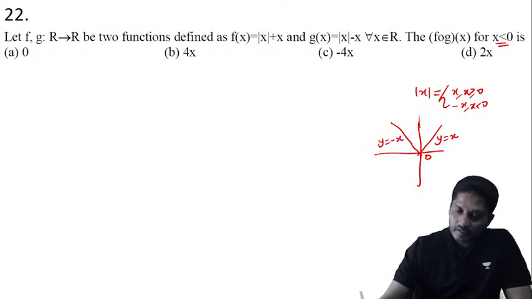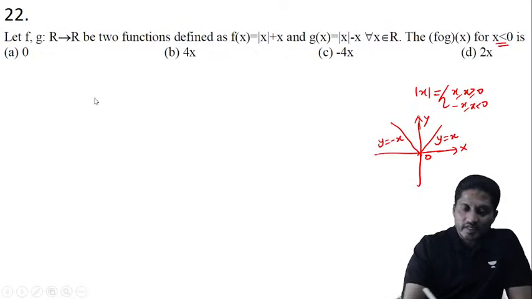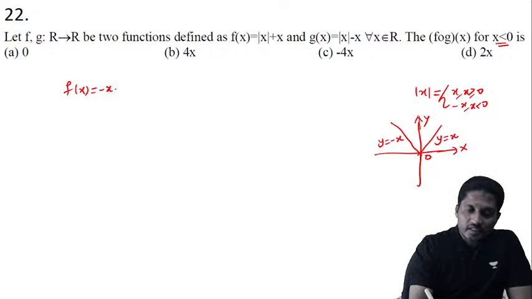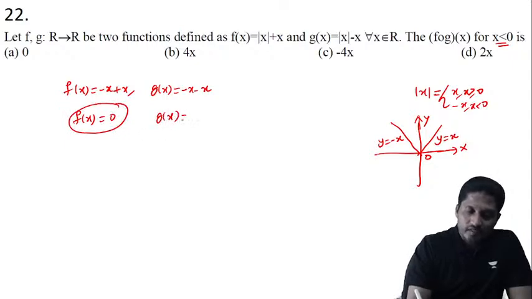Now if x is negative, mod x is minus x, right? So f of x is minus x plus x, and g of x is equal to minus x minus x. F of x is equal to 0 and g of x is equal to minus 2x.